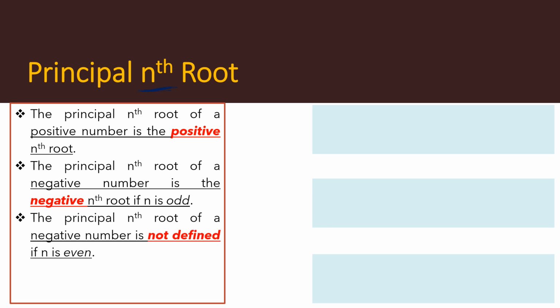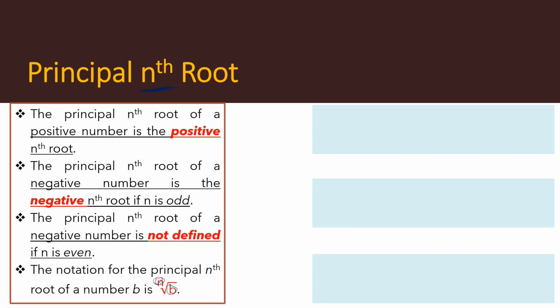And next, note, the principal nth root of a negative number is not defined if n is even. Take note of all of this. And the notation for the principal nth root of a number b is the nth root of b. So b is our radicand, and then we have here the root.